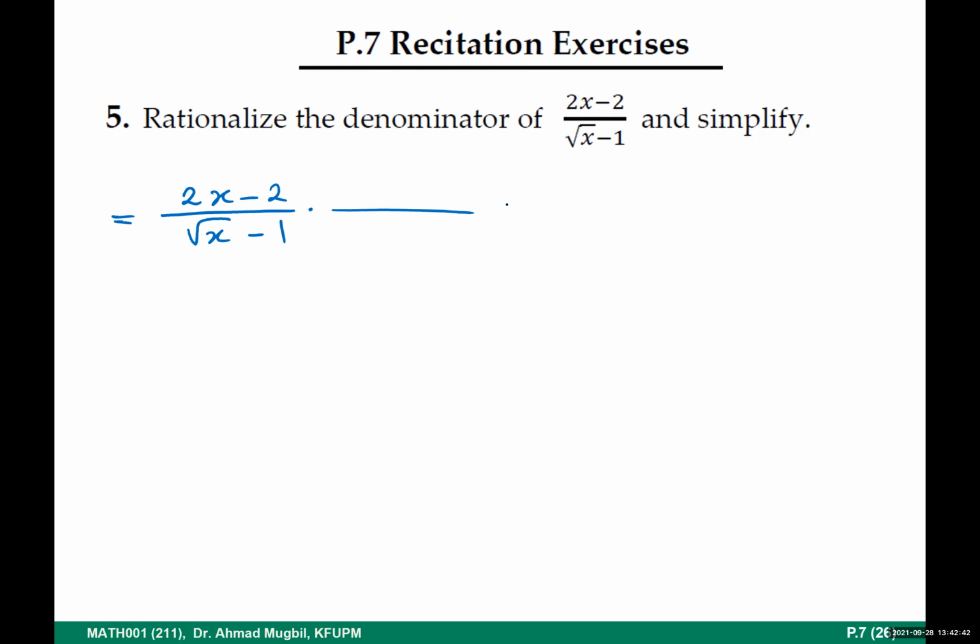What is the conjugate? Square root of x plus 1 multiplied by square root of x plus 1. This is what you will do. This is as a hint for you.